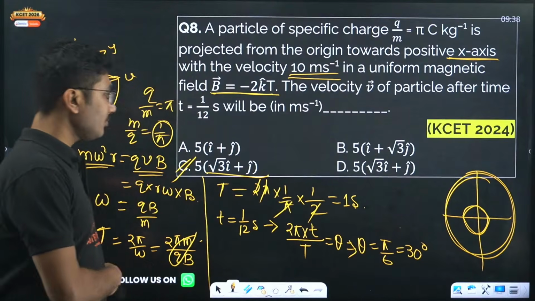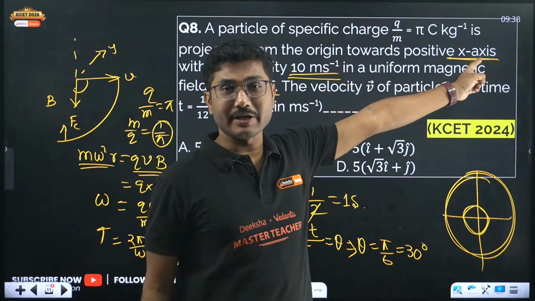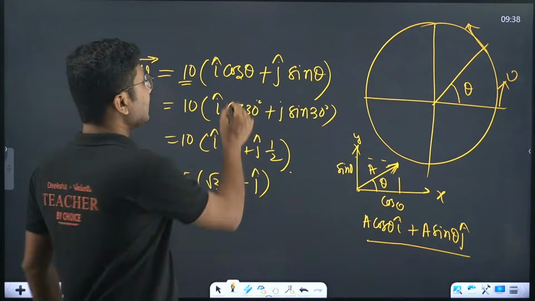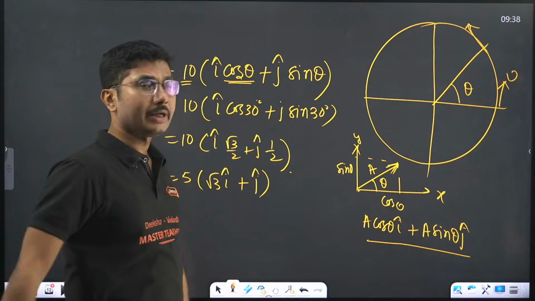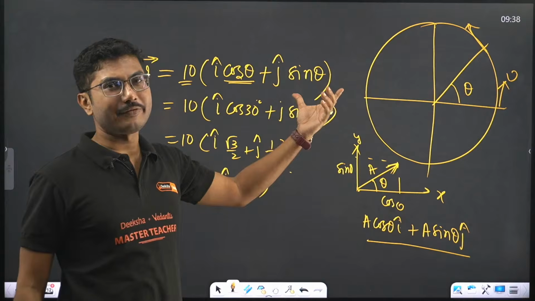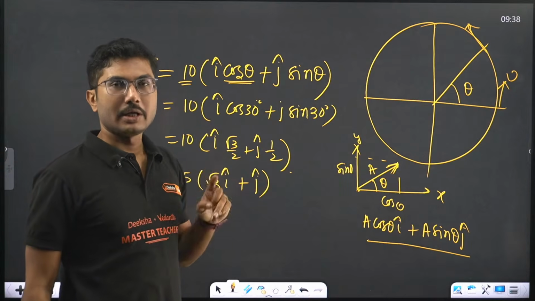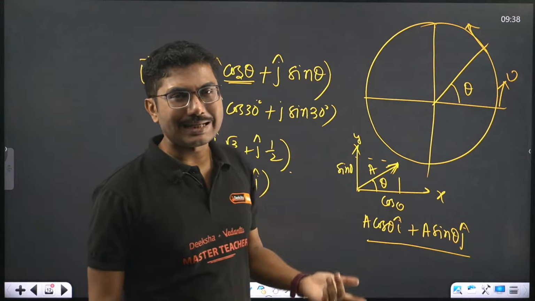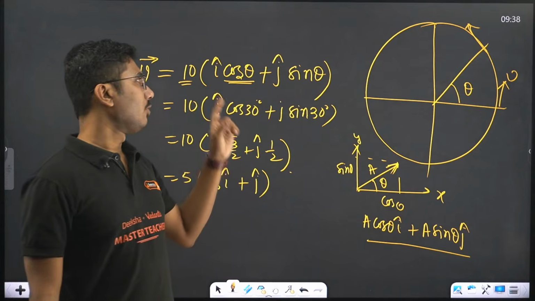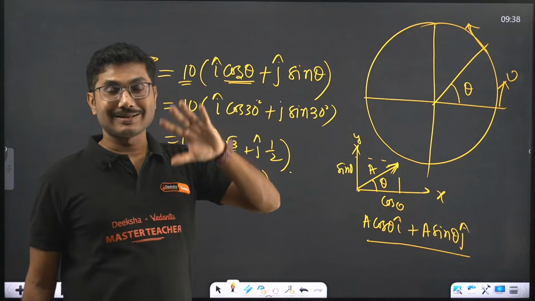Now if the same question was asked with the angle initially given along the y-axis, remember the axis with which it is given will give you the cos theta component. The magnetic field is along the z-axis, which means the particle must move in the xy plane. If the magnetic field is along the y-axis, the particle will move in the xz plane. So it will always be the other two components other than the magnetic field.